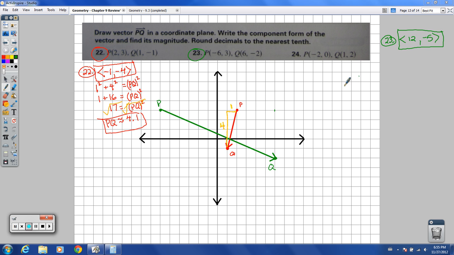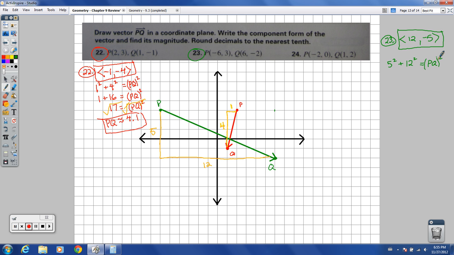But anyways, let's put this in orange. This value is 5, and this value is 12 right here. We may recognize that as a popular Pythagorean triple, but if not, or if it said to show your work, we'd work it out. You have 12 squared plus 5 squared equals PQ squared.